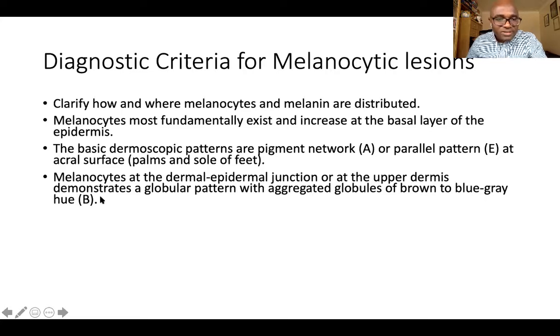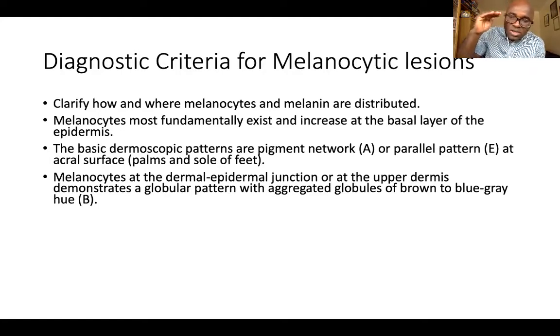The melanocytes at the dermo-epidermal junction or the upper dermis have a globular pattern. The aggregated globules that we'll see in the next slide are because of the aggregation of the melanocytes at the dermo-epidermal junction.